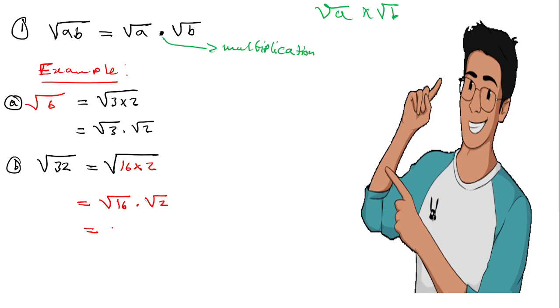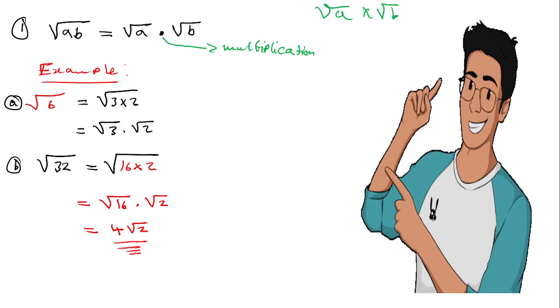So we have worked out this particular example when it comes to this rule. One thing that you need to understand is that these rules are very important, especially when it comes to manipulating the surds. Look at this one. This was square root 32.